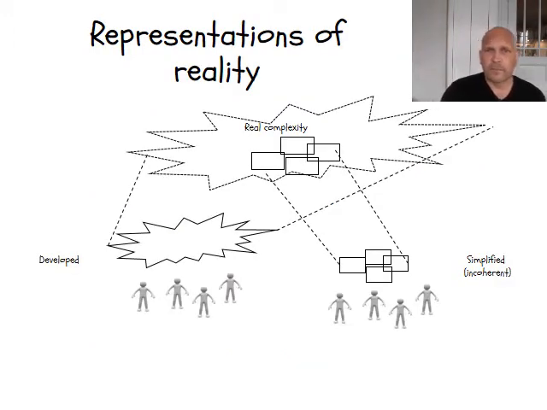Now, if we assume, as you already know, that reality is infinitely complex, that we can't really grasp everything in a situation, then the challenge for a group to create the highest possible level of potential intelligence would be to have as developed a representation as possible. That would mean that they have access to as many perspectives and understandings of the situation as they can have.